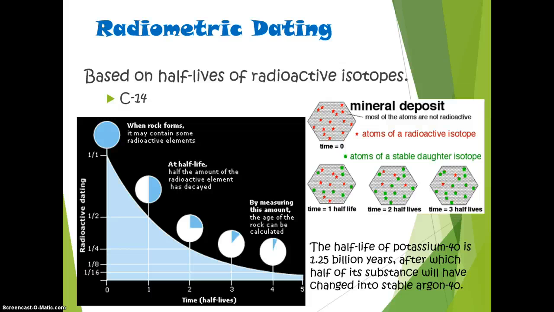Radiometric dating, this is when we take an isotope. If you think way back to the beginning of the year when we learned about our chemistry, an isotope is an atom that has one or more, depends on which isotope you're looking at, extra neutrons. Okay, so carbon-14 is used most popularly because, well, think about when we learned about photosynthesis. Okay, what are the requirements for plants?